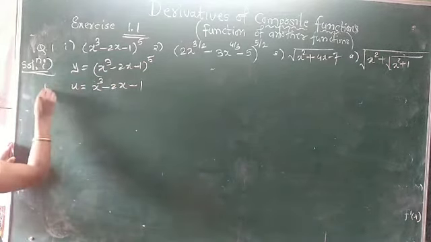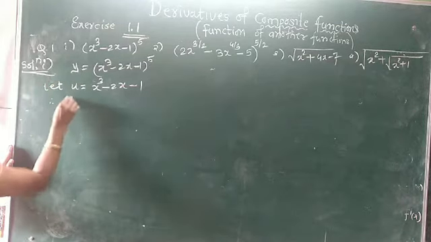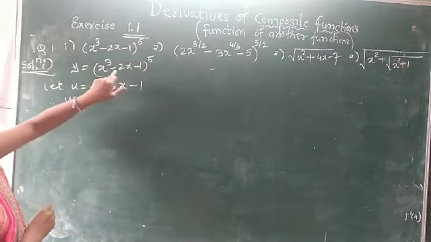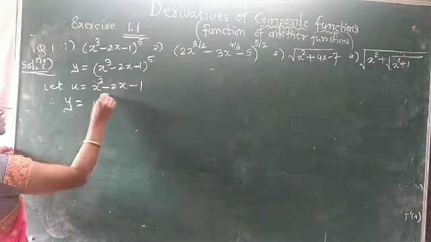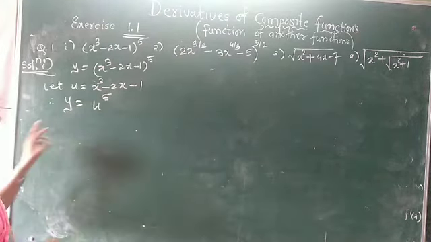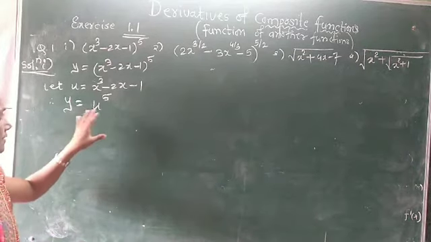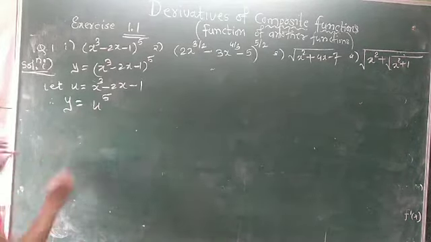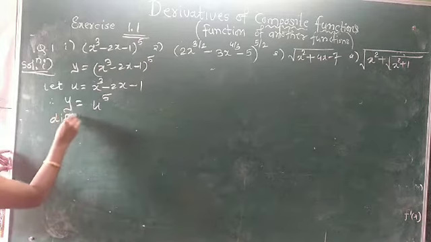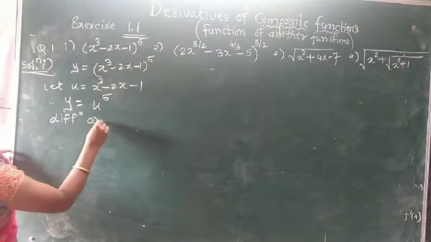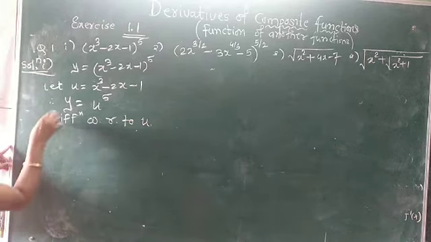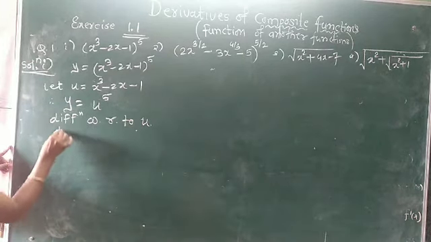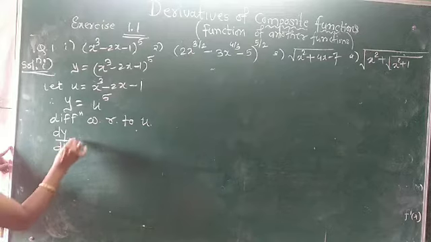Now y is equal to what? If we take u is equal to this term, then our function y is equal to u raised to 5. So here y is a function of u. Differentiate with respect to u. Therefore, the derivative of y with respect to u is dy upon du.